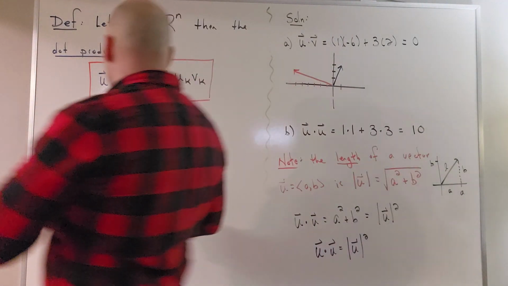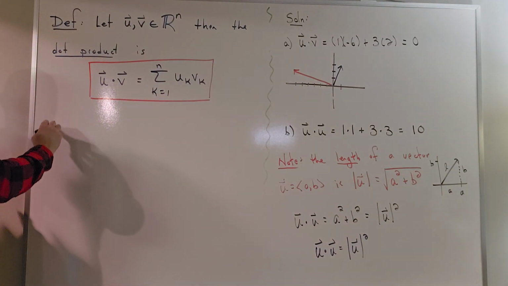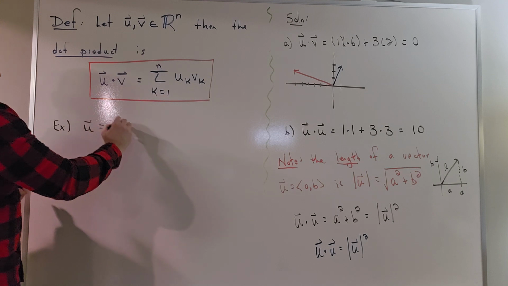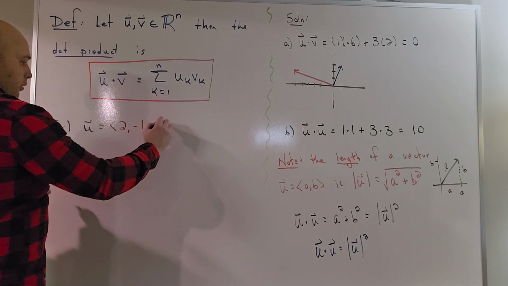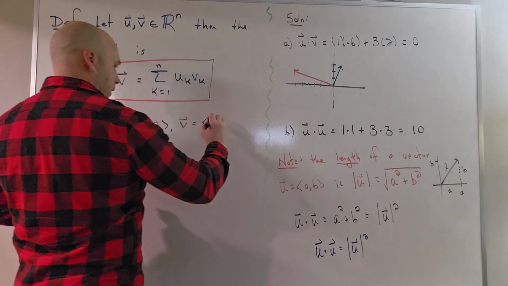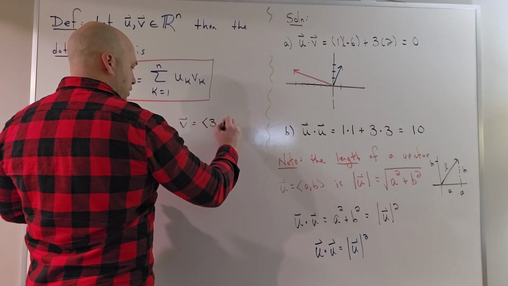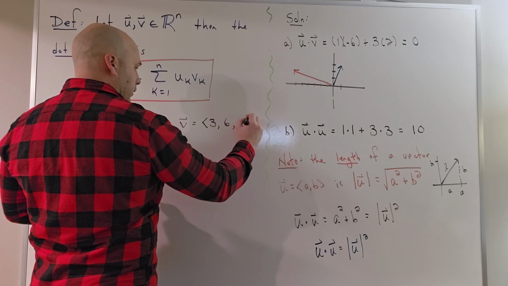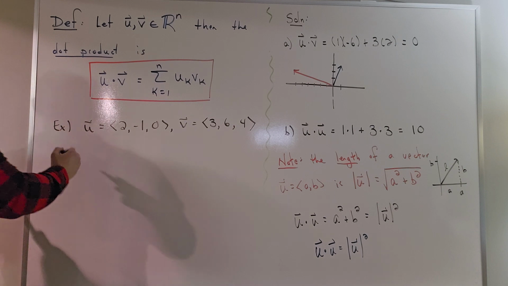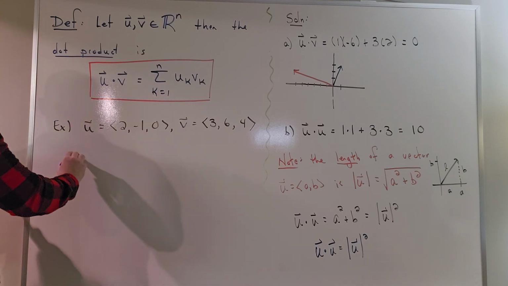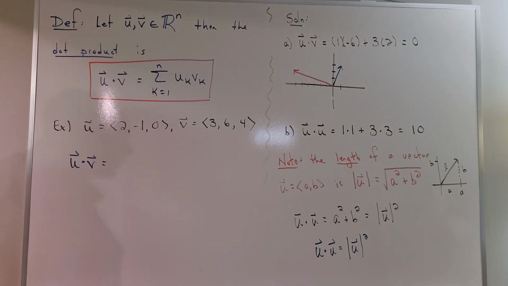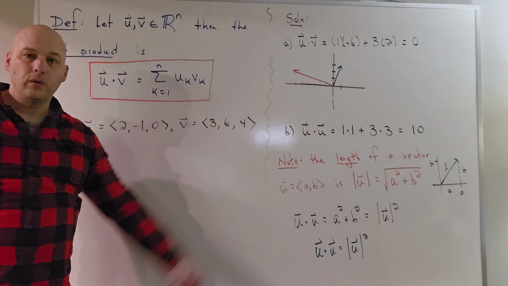Now, the computation works the same way. If I wanted to compute the dot product of vectors in 3-space, for example, let's say u is given by (2, -1, 0), and v is given by, let's say, (3, 6, 4), then the dot product u dot v is just a natural generalization of what we did with the vectors in 2 dimensions.